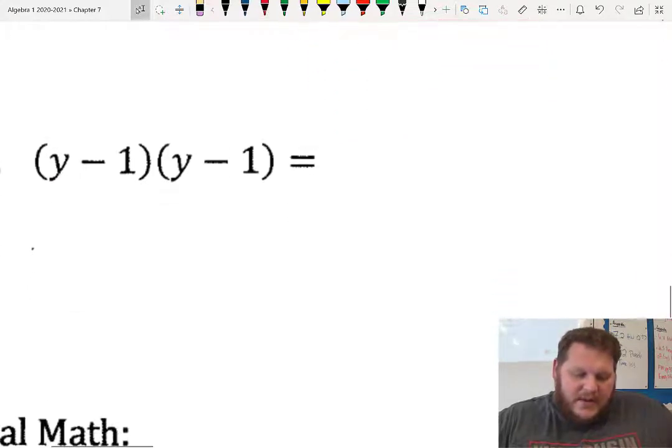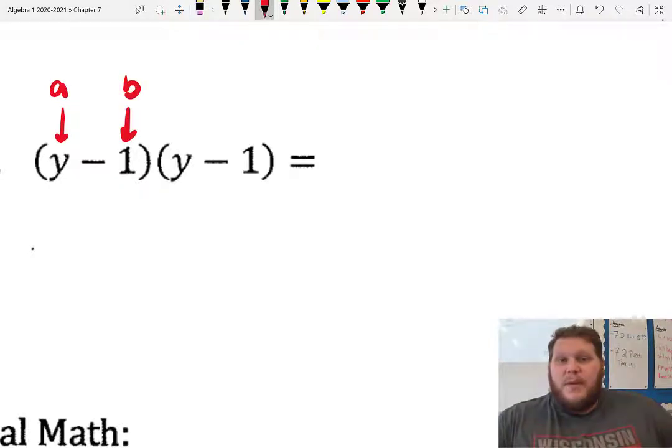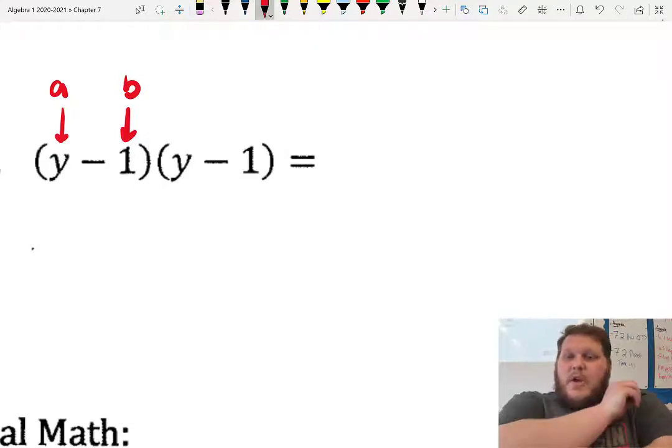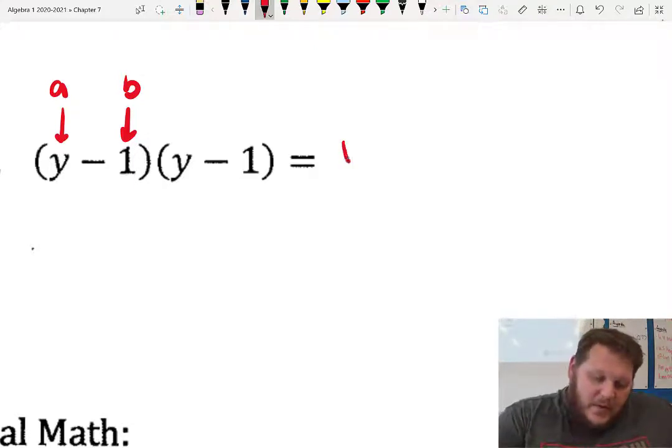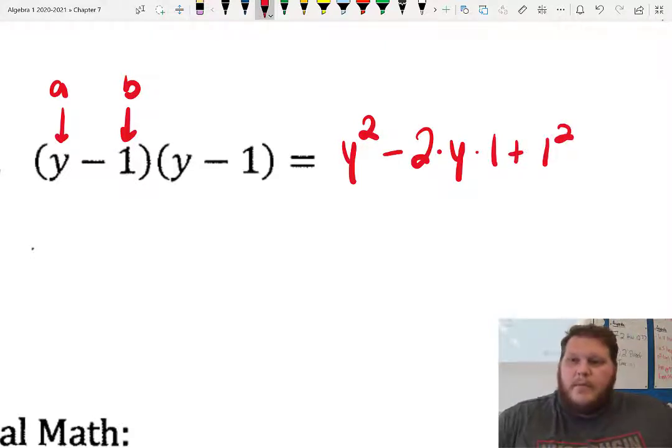And my last one here in these examples, y minus 1. So here my a is y, my b is 1. And since it's subtraction, I'm going to be subtracting 2ab. So a squared, which is y squared, minus 2 times my a value of y times my b value of 1, plus 1 squared.